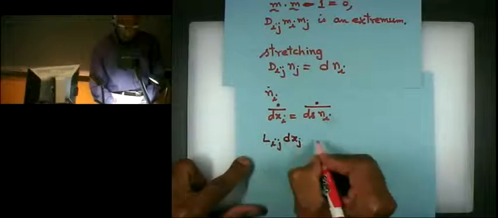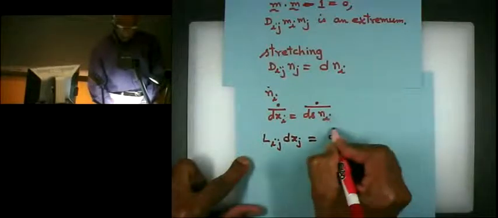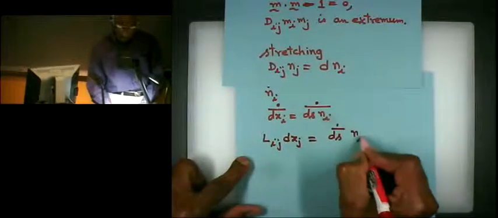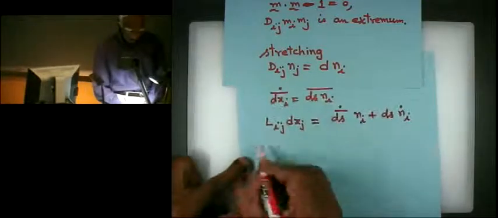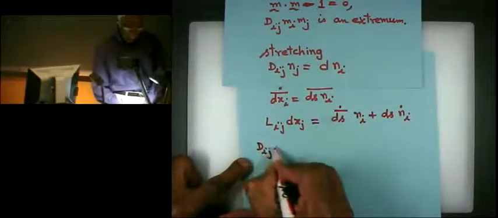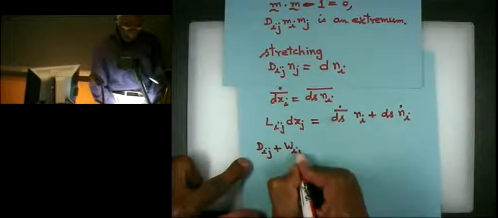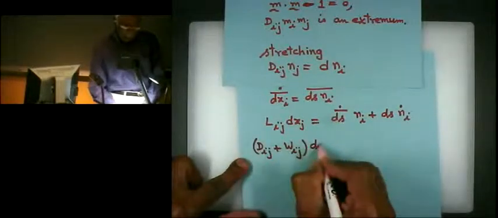On the right hand side we get ds dot ni plus ds ni dot. Chain rule. Lij is dij plus wij. Dxj is ds nj.